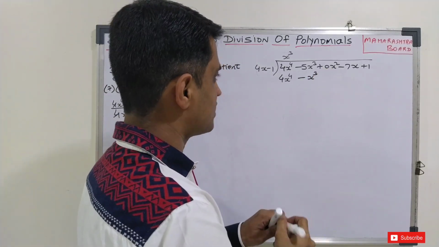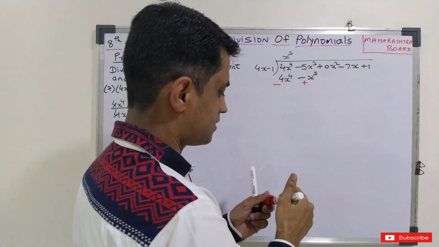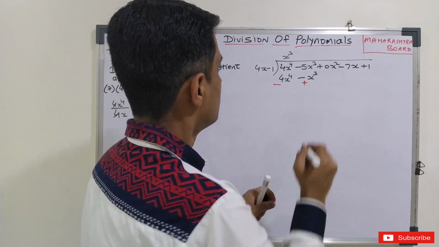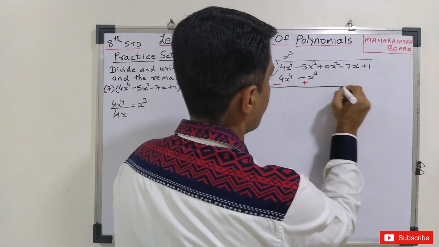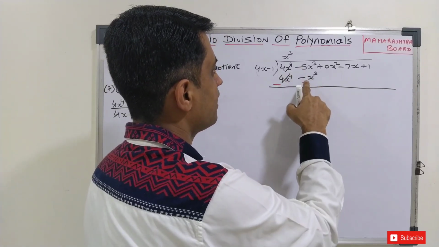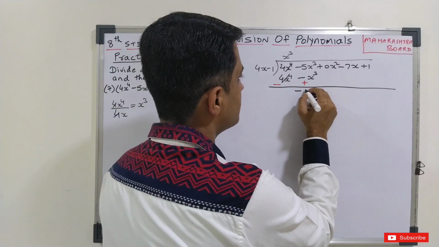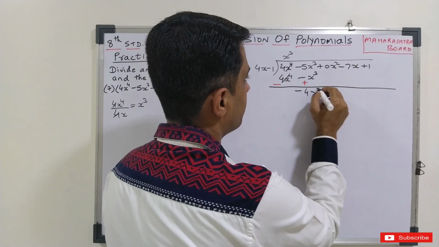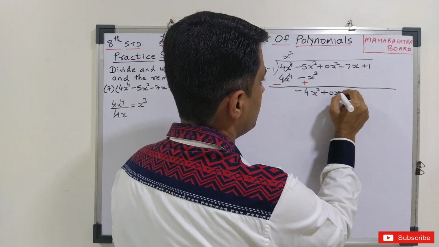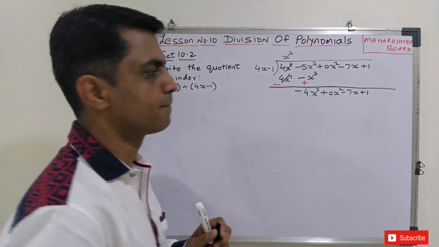Now students, let us change the sign. Minus plus. So here this will get cancelled. Minus 5x cube plus x cube will give you minus 4x cube plus 0x square minus 7x plus 1.